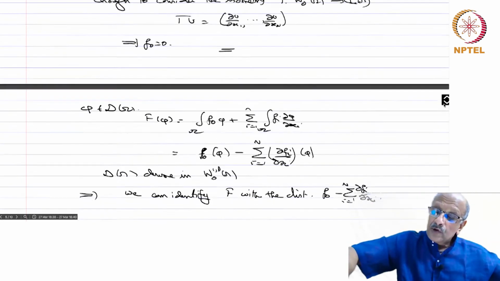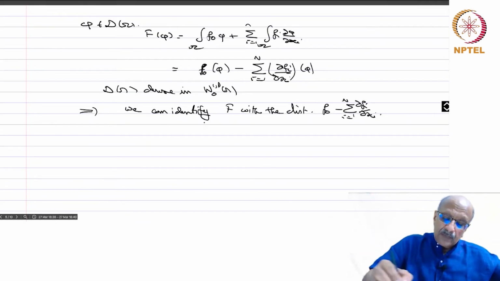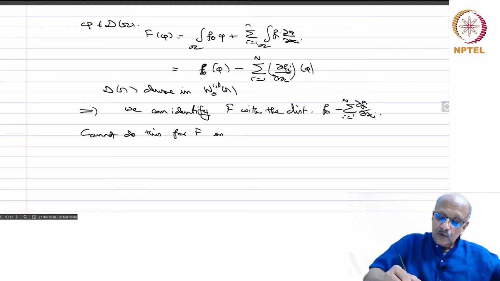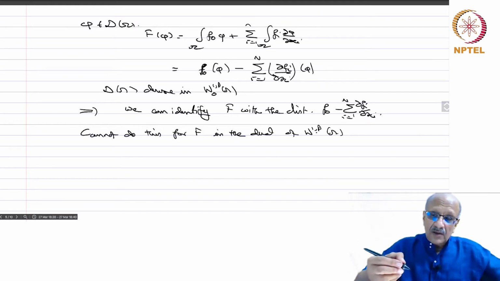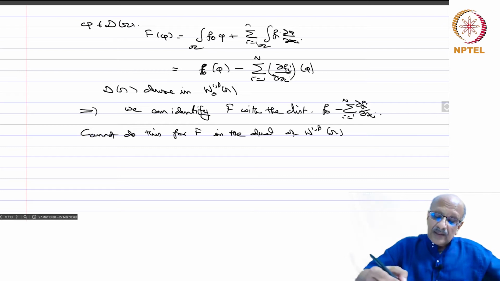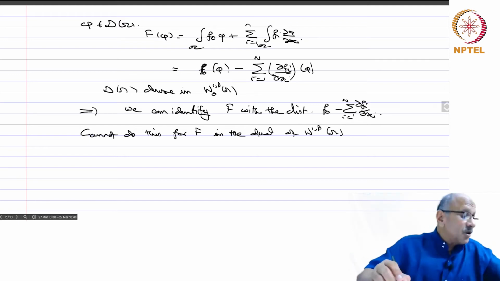Whereas if you are in the dual of W^{1,p}(omega), we cannot do this, because if you have a dense subspace, then the definition of the functional is completely determined if you define it on the dense subspace, whereas in this case, to the whole space there can be many possible extensions, and therefore you cannot identify it with that distribution derivative.